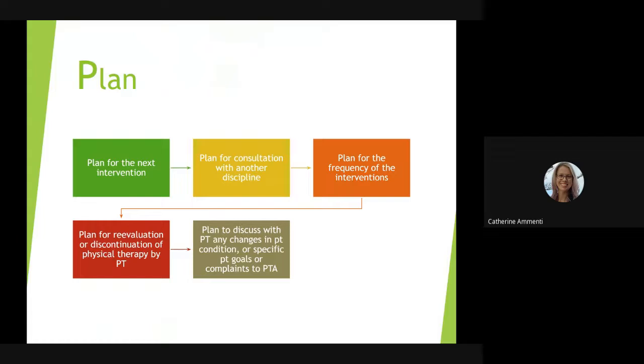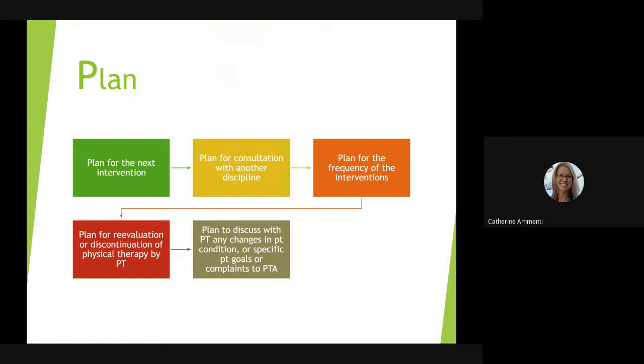Plan for the reevaluation or discontinuation of therapy. So if they're doing well and you feel like the primary PT should see them and consider writing a discharge, or writing a new evaluation or a reevaluation that has updated goals. So maybe all the short-term goals are being met.